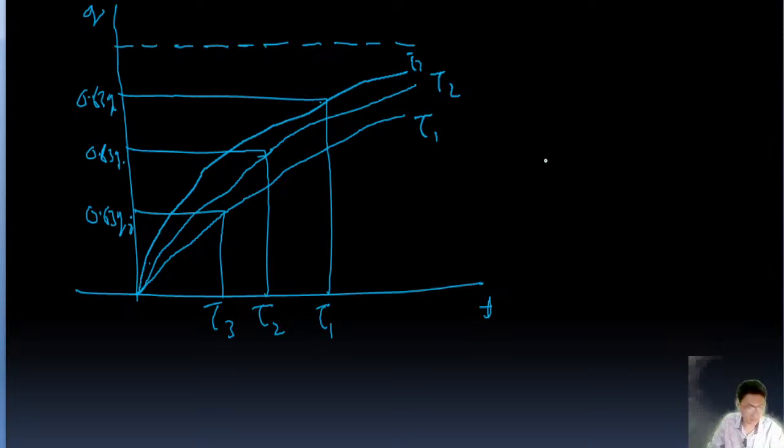This is T. Here we can clearly see that tau 1 is greater than tau 2, which is greater than tau 3. This is an important graph, Q versus T.